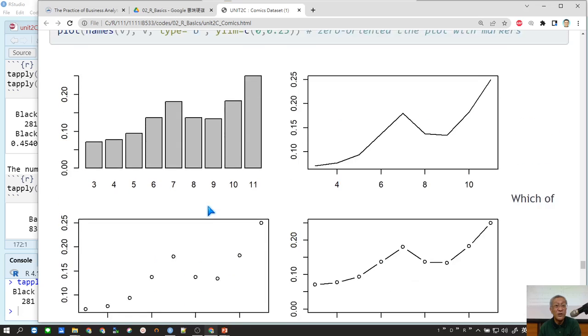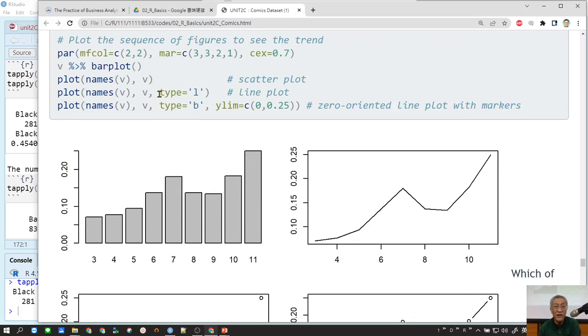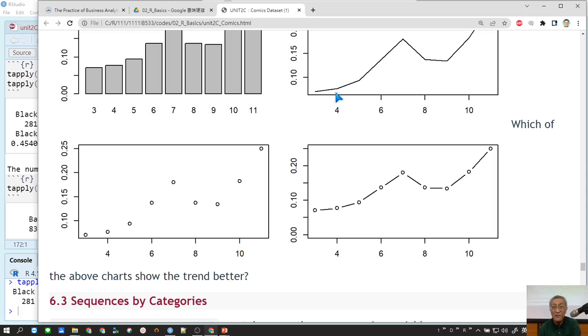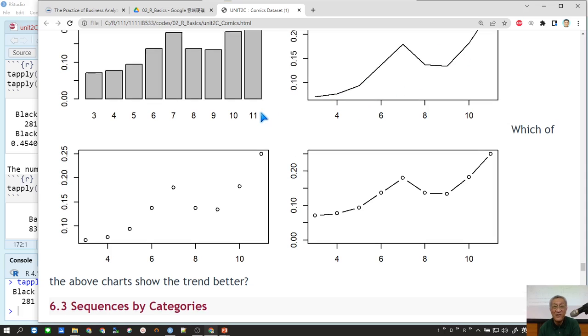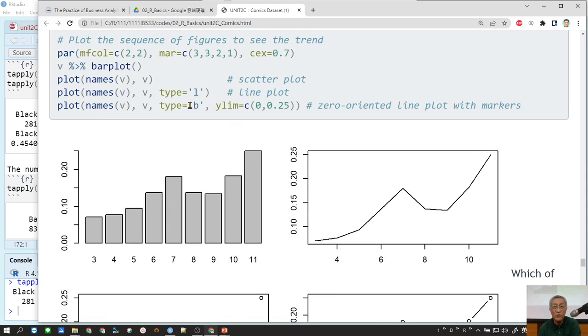If you want a line plot, you need to add an argument called type equal to L, which stands for line. If you want to have a marker on the line plot, instead of L you use type B. We will go back to these things later on. I just want to cover it before concluding this comic data set.